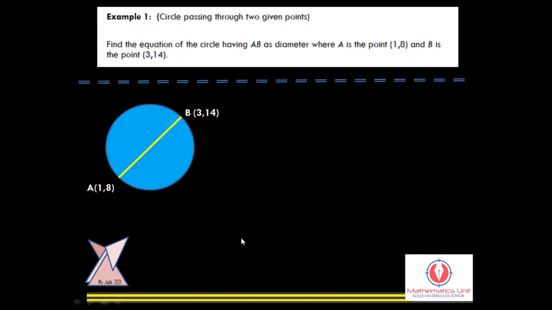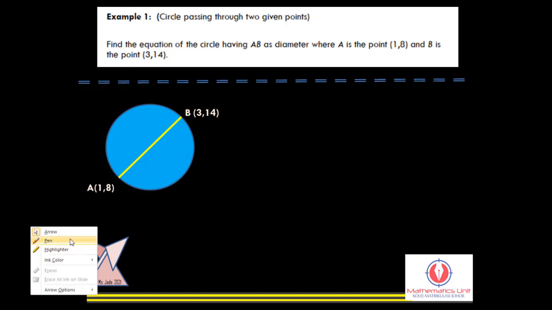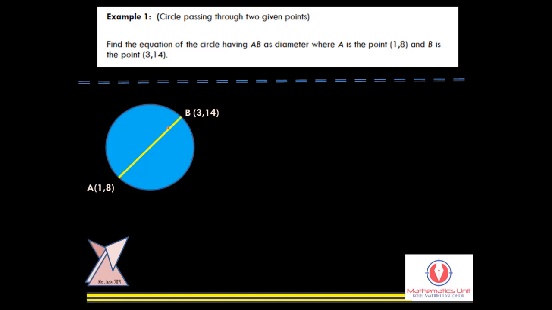Now let us look at some examples. Example 1, we need to find the equation when the circle passes through two given points. When two points are given, we have to be careful because maybe it's two random points, but maybe the two points form a diameter.